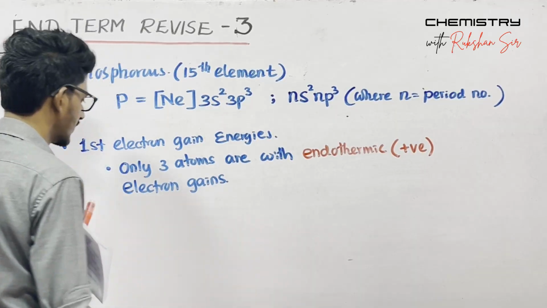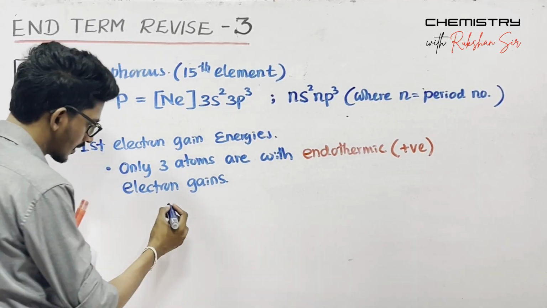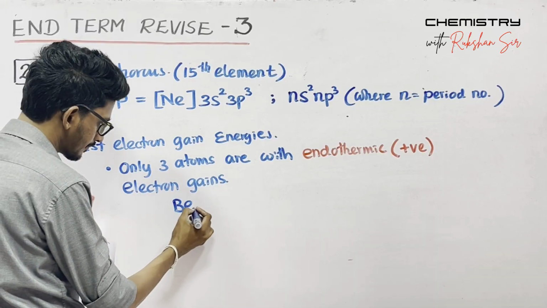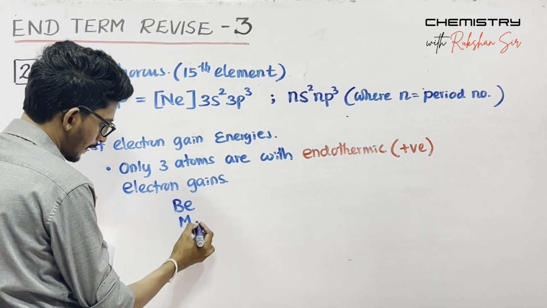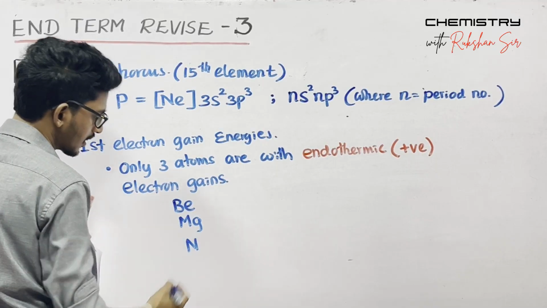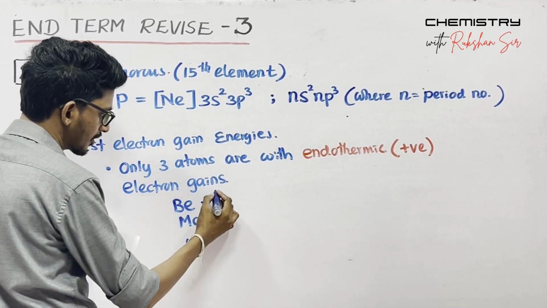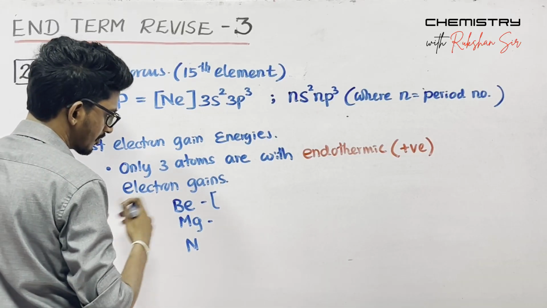What are those? Those are beryllium, magnesium, and nitrogen, due to the presence of stable electronic configurations, right?